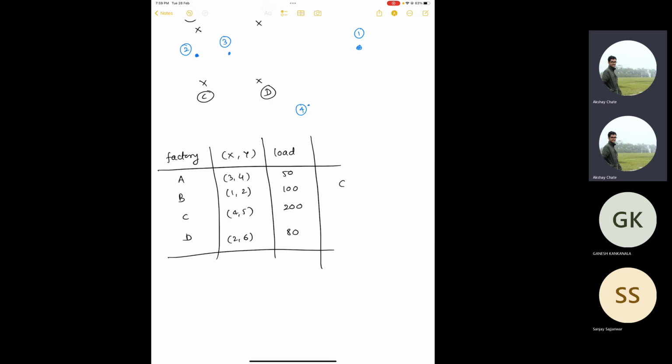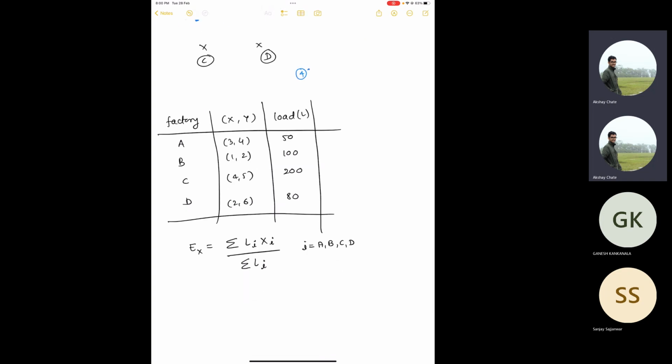Let's say your warehouse will be denoted by E. To calculate the x coordinate of E, we'll use the symbol L for load: the sum of Li into xi, divided by the total Li, where i goes from 1 to A, B, C, D.